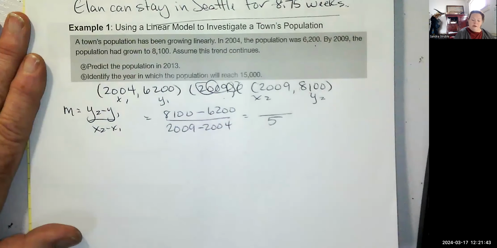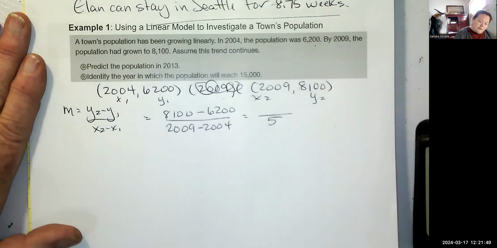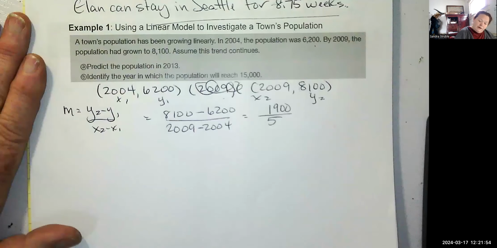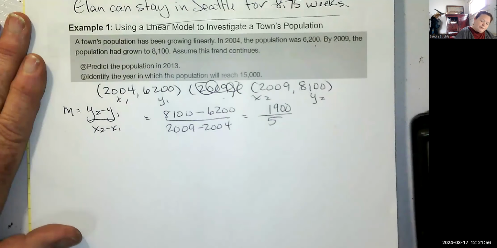I know the denominator is 5. Let's find the numerator. 8,100 minus 6,200 is 1,900. Divided by 5 is 380.